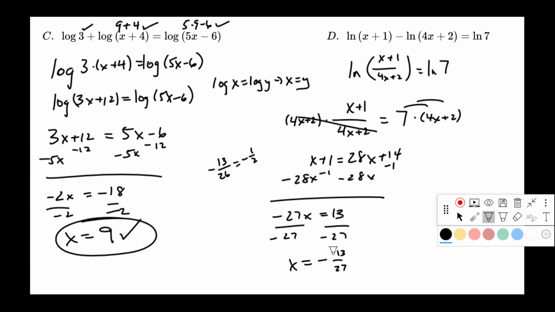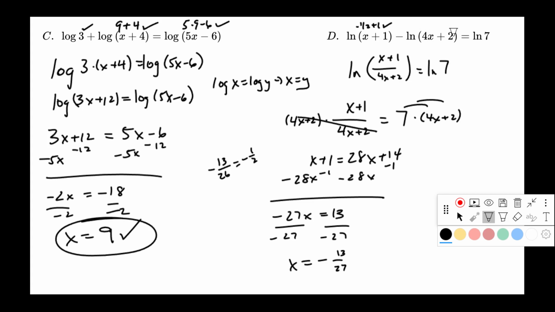So this is a little bit smaller than negative 1/2, just so that I have an idea. So if I were to take something negative 1/2, let's say, and add 1, well, that's going to be positive.